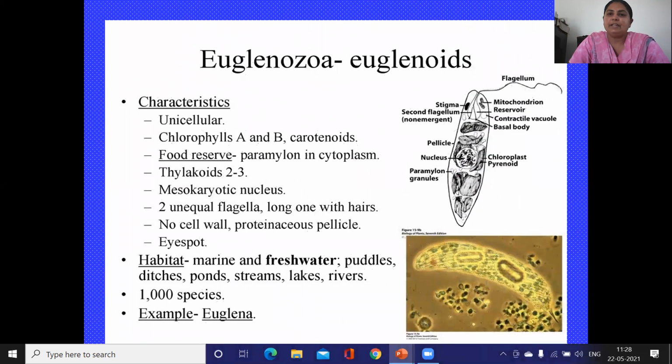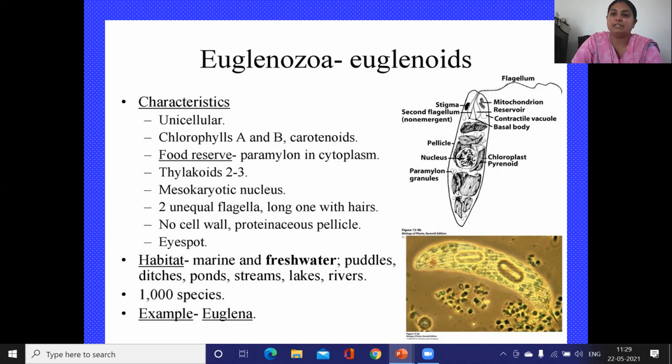Yes, students, next are Euglena or euglenoids. I have already explained that these euglenoids are freshwater organisms, and they are also found in stagnant water. Besides the cell wall, a pellicle layer, which is proteinaceous in nature, is present in them. They also have flagella for locomotion, and both flagella are of the unequal type.